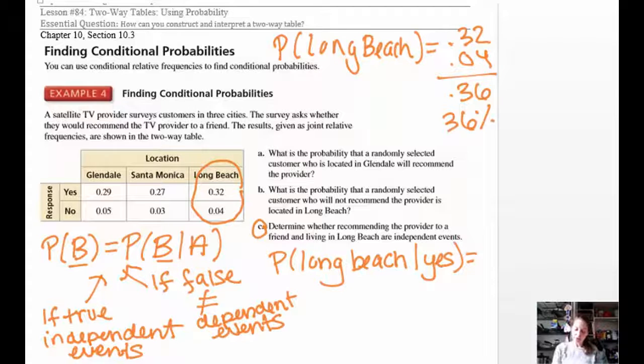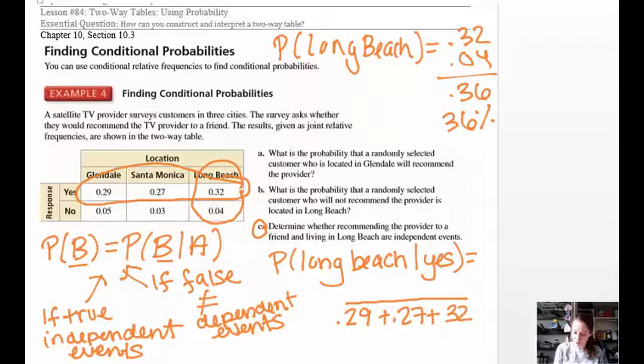And now the probability of Long Beach given yes. So given that it was recommended, the probability of living in Long Beach. So I have to add up all the probabilities of saying yes, 0.27 plus 0.32, and Long Beach is 0.32, and this is about 0.36 or 36%.